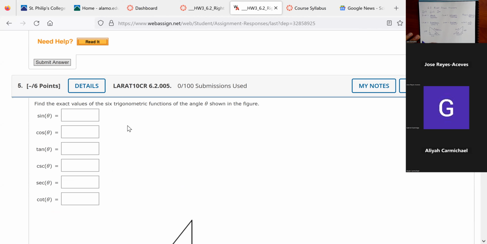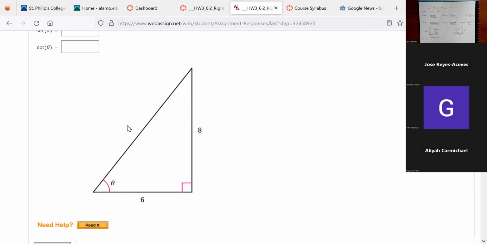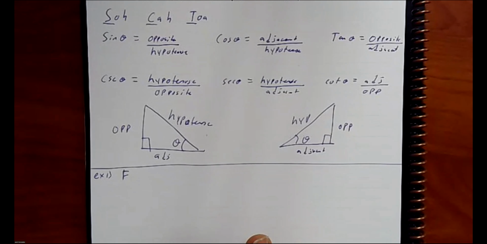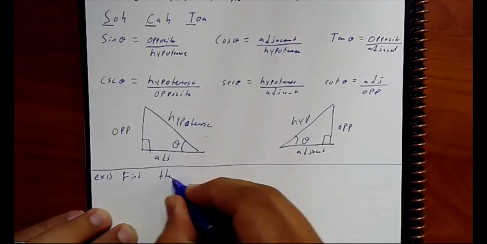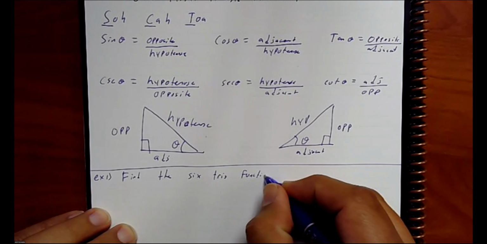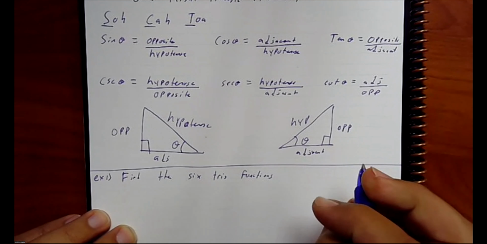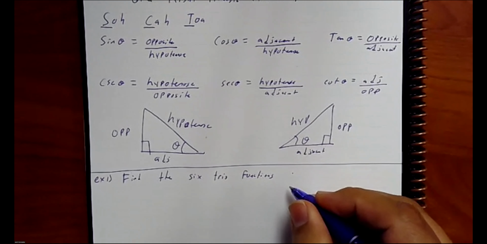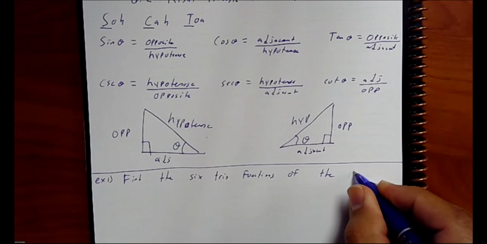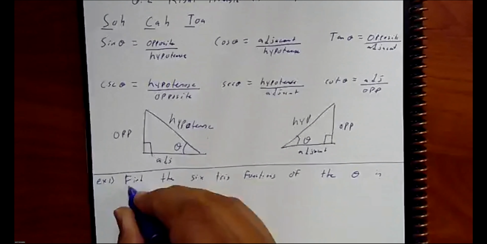Let's do our first example. Find the 6 trig functions of the theta in the figure. Let's see how they worded it.